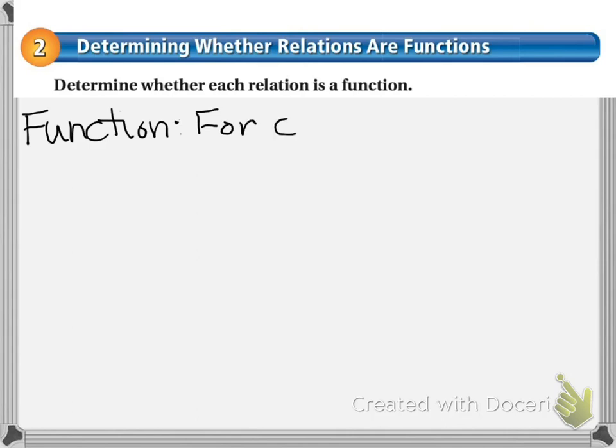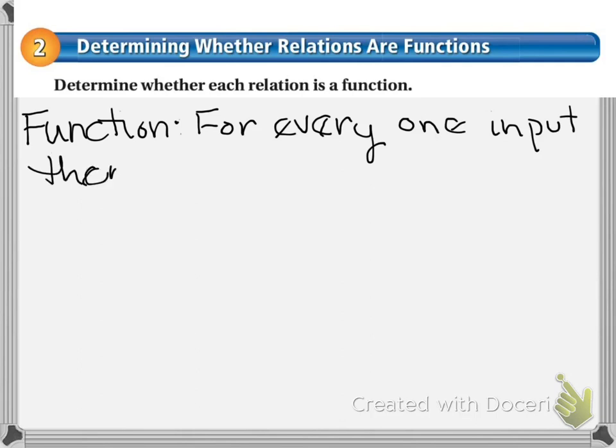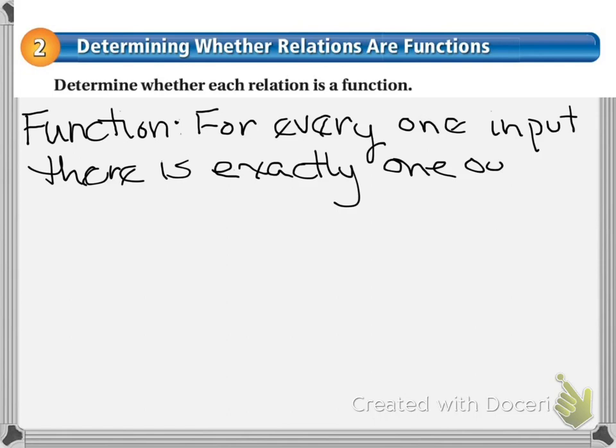For every one input, there is exactly one output. So for every one input, there's exactly one output.